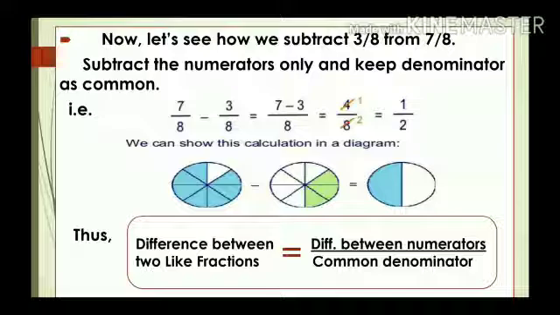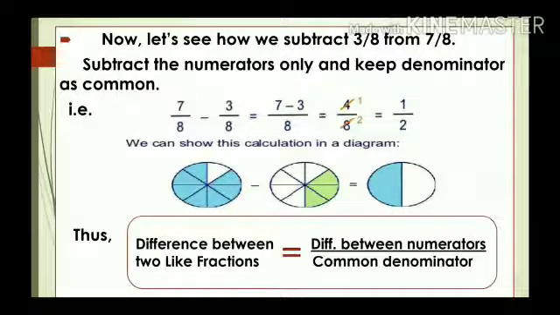We can show this calculation in a diagram also. So here, see, in the first figure 8 parts are given, and out of 8, 7 parts are colored, and you have to subtract from this the second figure, which has 8 parts in total, and out of 8, 3 parts are colored.